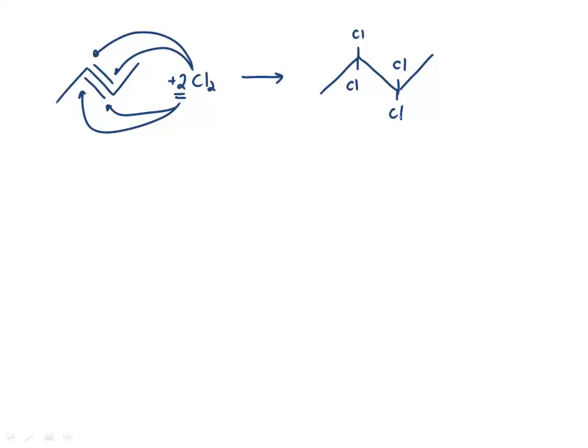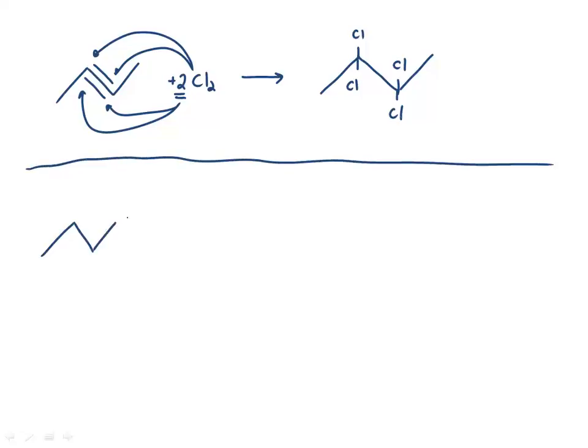And so if I have the same thing being added, then I only get one product. But if I add lots of things to it, or if I add something that's unsymmetrical to it, then I can get multiple products. So for instance, if I'm adding HCl to it, then let's see. The first time I break the double bond, or the bond, I can get an H and a Cl, right?